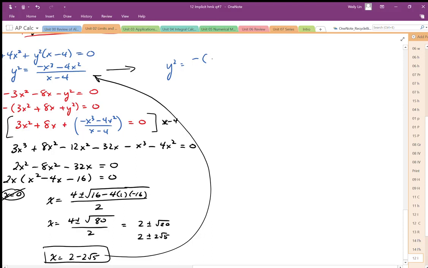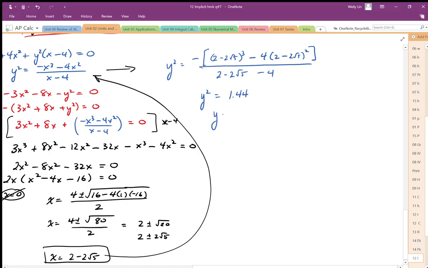So x was 2 minus 2 root 5 cubed minus 4 times 2 minus 2 root 5 squared, and that's all over 2 minus 2 root 5 minus 4 in the denominator. Y squared, plugging that all into calculators, we can simplify the algebra of that, but let's just plug this into the calculator, and we're going to end up with 1.44 approximately.